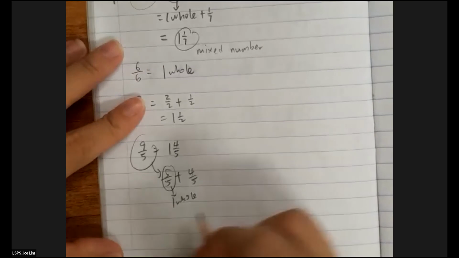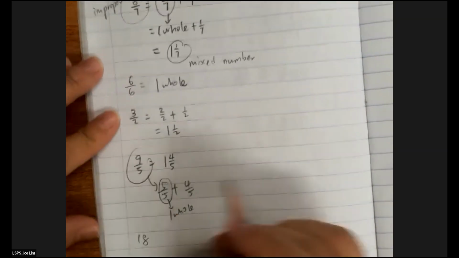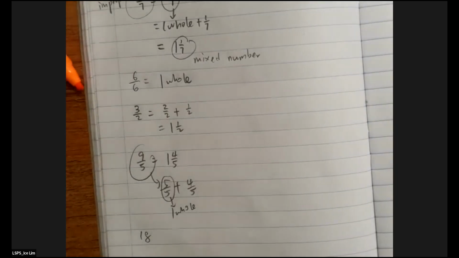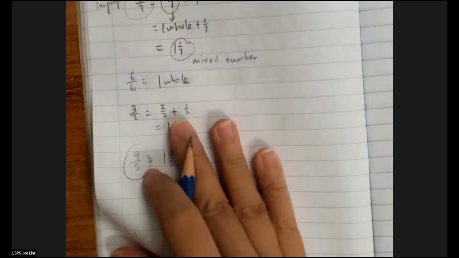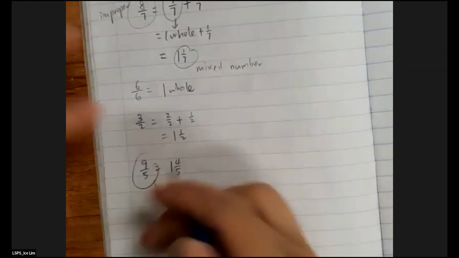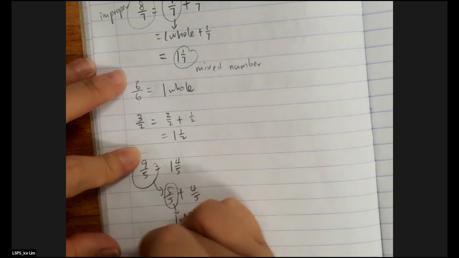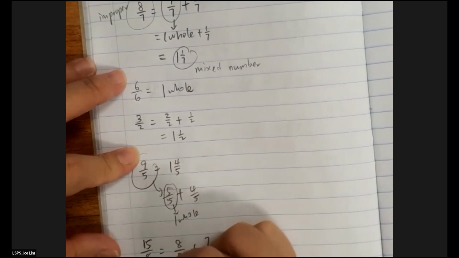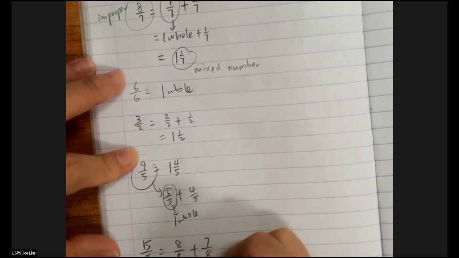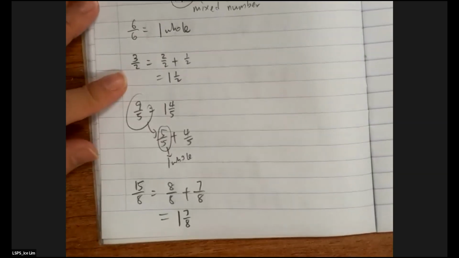The next example was 15/8. Okay, so it was 15/8. So 8/8 plus 7/8. That gives me 1 and 7/8. Is this okay?